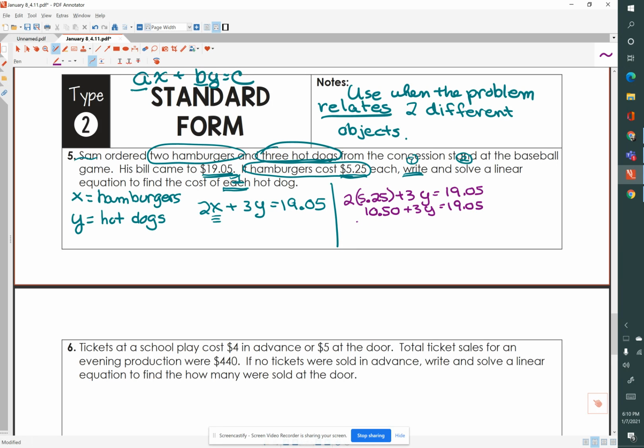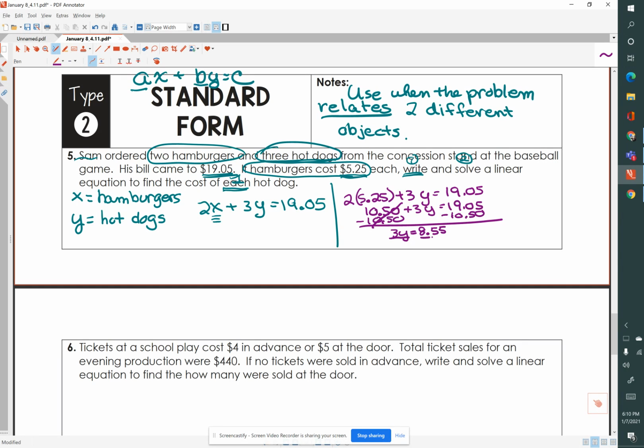19.05. Now we'll subtract $10.50 from each side, because remember, eventually what we're looking to do is isolate y. So this would cancel. 3y equals $8.55. So I subtracted 10.50 from 19.05.